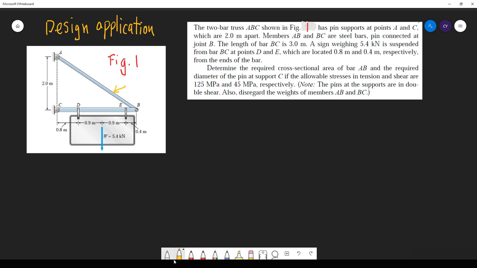We will calculate the minimum area here, the minimum area here to guarantee no collapse.